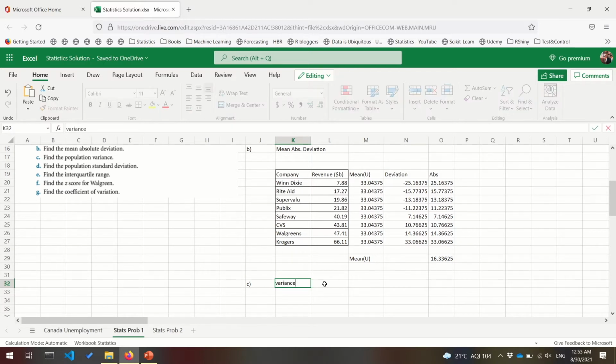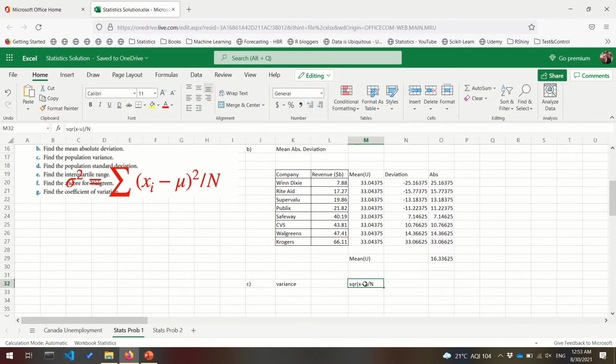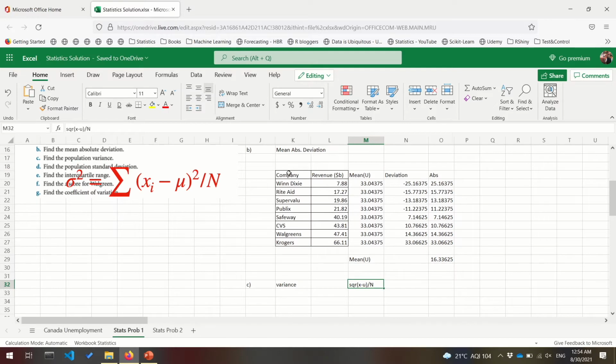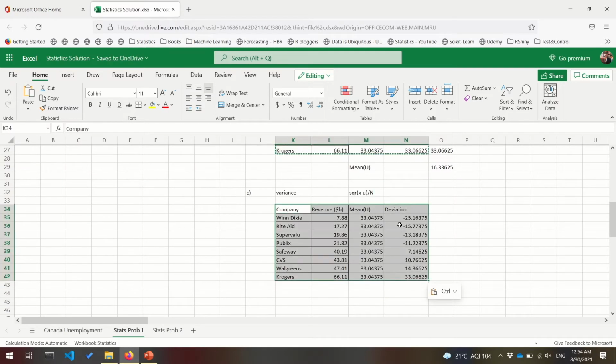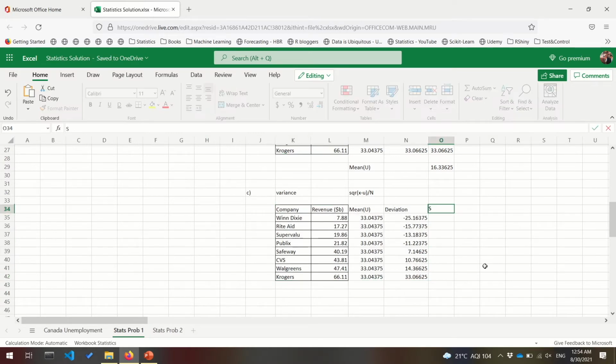If you remember, the variance is the sum of the squares of x minus mu, divided by n. I'll just write it in plain English: sigma of (x minus mu) squared divided by n. We'll calculate that now. Let me copy this entire thing from here, and let's calculate the square of the deviation x minus mu. So this is nothing but this into this.